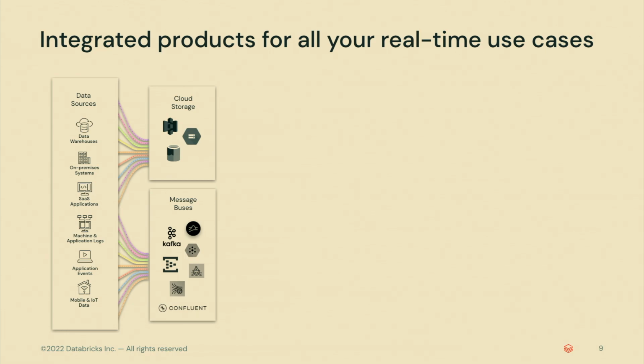Your data may be in a variety of different sources: data warehouses, cloud storage, message buses. With the Databricks Lakehouse Platform, you can easily connect in a native way to cloud storage and message buses and ingest all of this streaming data into your data lake.